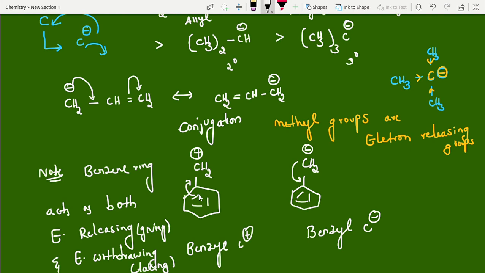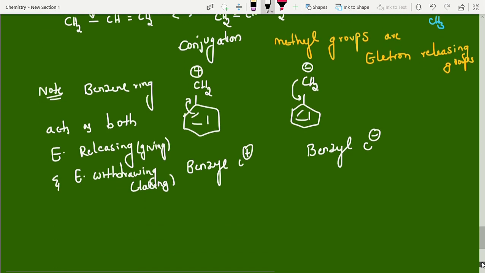That's why the first 3 cases are the same: triphenyl, diphenyl, and benzyl allyl, up to there it's the same in the carbocation case, carbanion case, and free radical case also. The last 3, what is that? 3 degree, 2 degree, 1 degree, there only the confusion is. Please try to understand. Carbonium ion case and free radical case are the same. Carbanion is reverse.